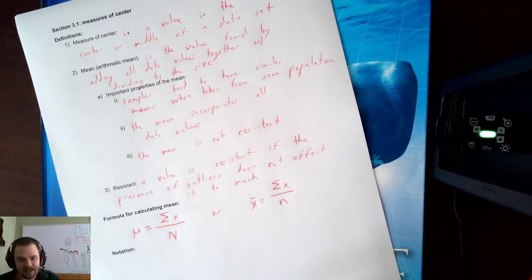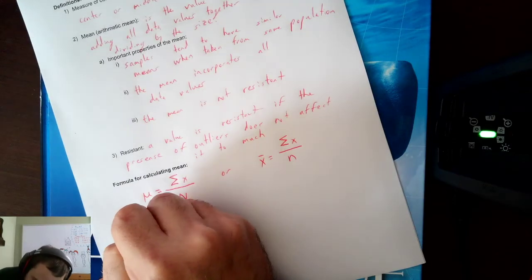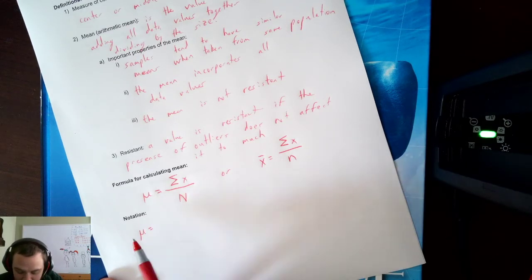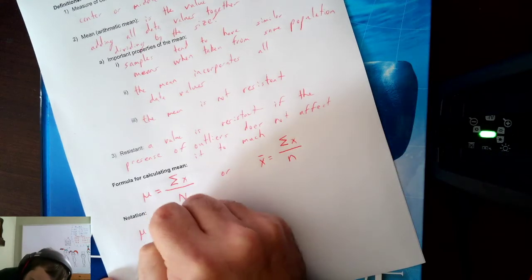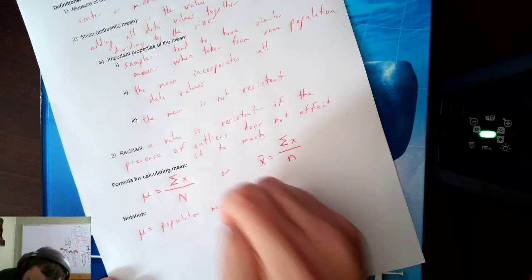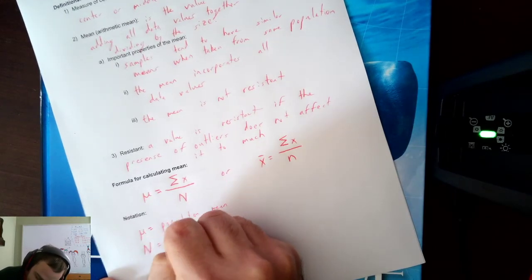All this is saying is telling you to add up all the data. So let's define these terms. Mu, this weird looking U letter. It's called mu. It looks like a U with an extra vertical line on the left side. This is the population mean. And big N is the population size.